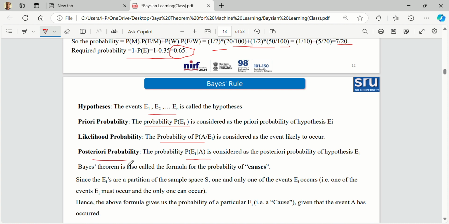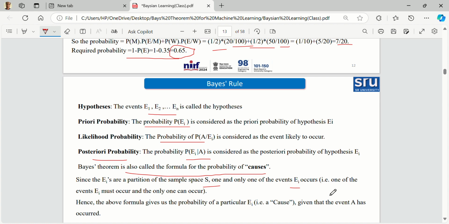That is, you have to calculate the probability of EI given that A has happened. So Bayes theory is called the formula for the probability of causes. So what is the cause for this one? Since the EIs are a partition of the sample space S, one and only one of the events EI occurs in the calculation.